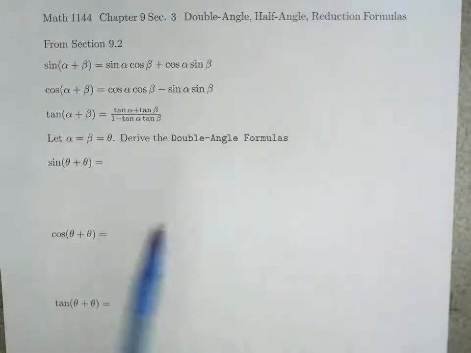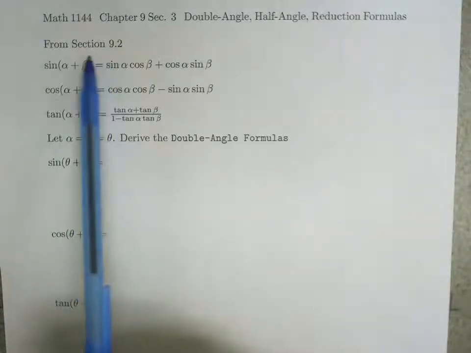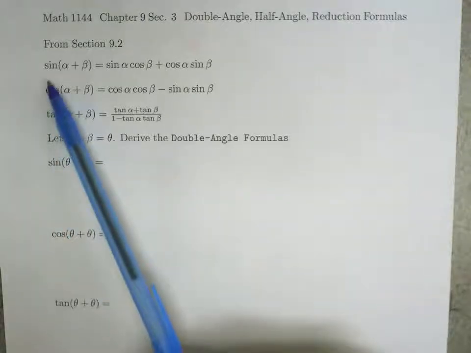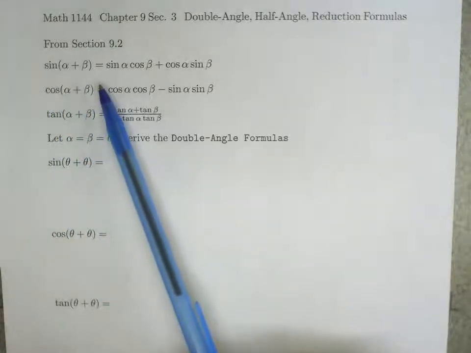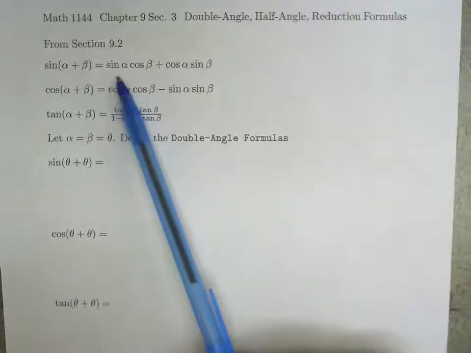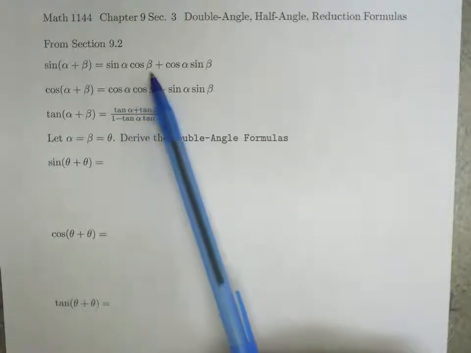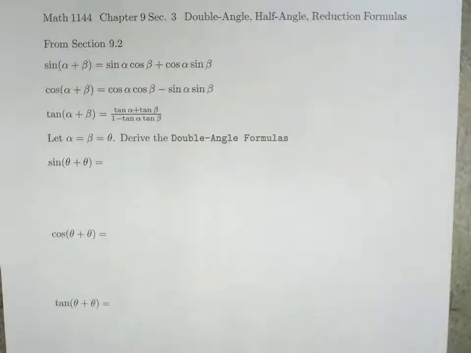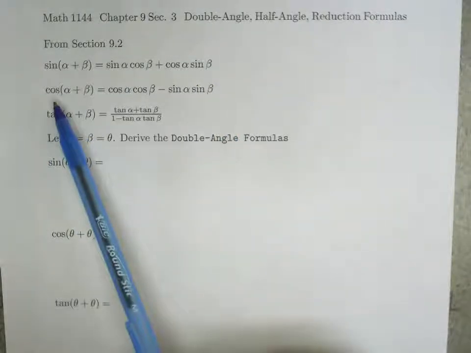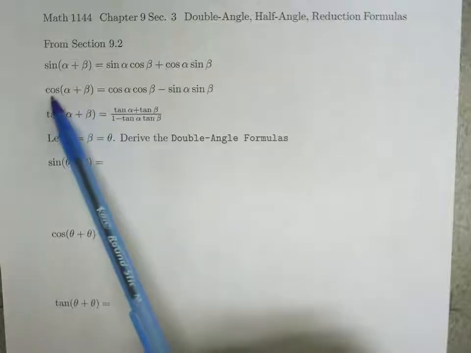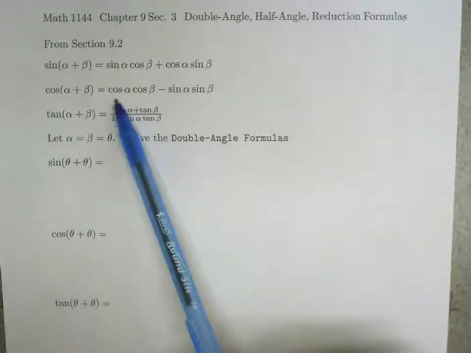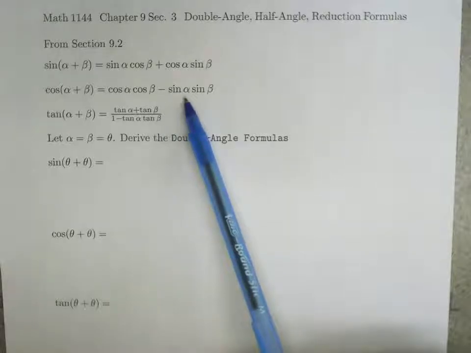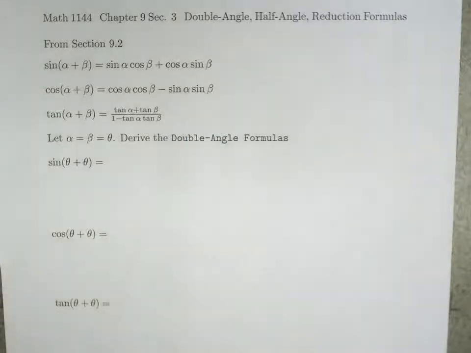Okay, so we remember from section 9.2 that we just covered, sine of alpha plus beta is equal to sine of alpha times cosine of beta plus cosine of alpha times sine of beta. And we also remember that cosine of alpha plus beta is cosine of alpha times cosine of beta minus sine of alpha times sine of beta.